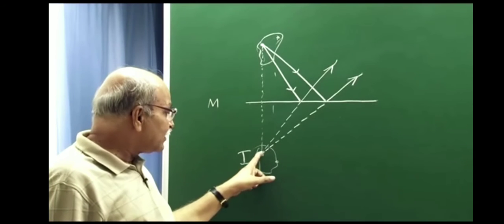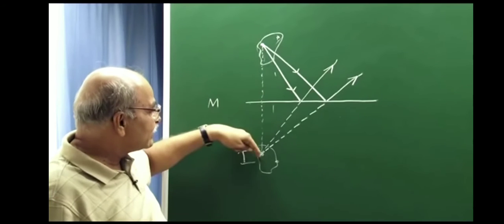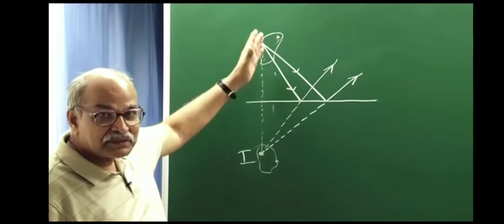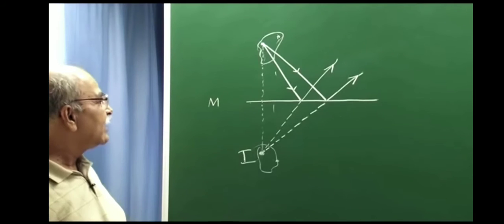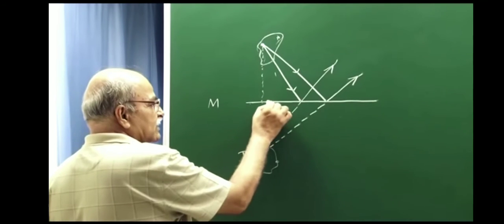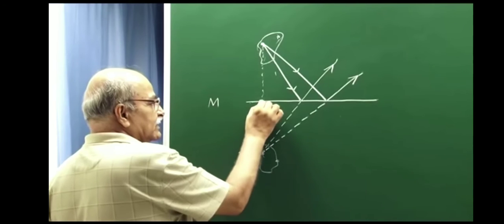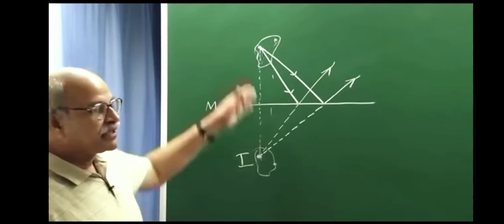At this point only rays which start from here can intersect, and so on. So that one-to-one correspondence makes the image, and you can do the geometry to show that the distance of the image from the mirror is the same as the distance of the object from the mirror, and they are on that perpendicular line.